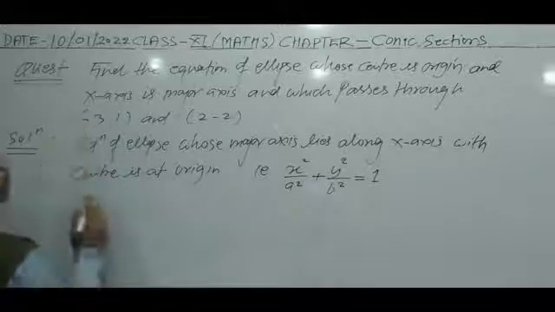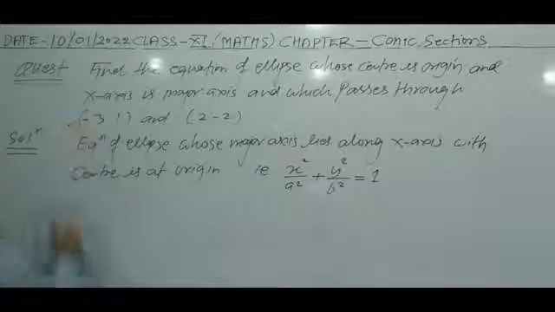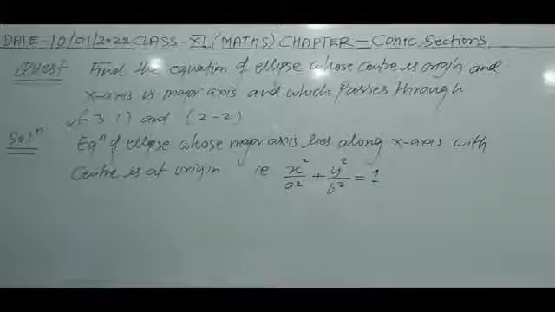Now this ellipse passes through the points -3, 1 and 2, -2. So these points will satisfy the equation of ellipse.